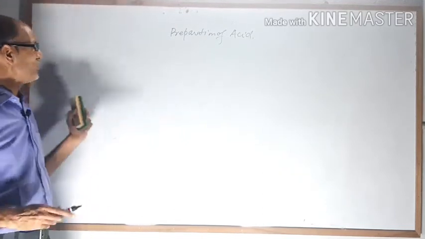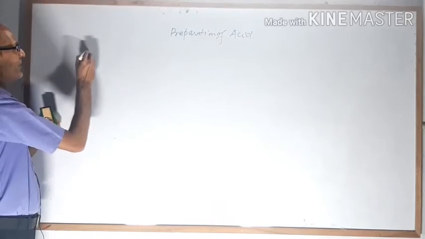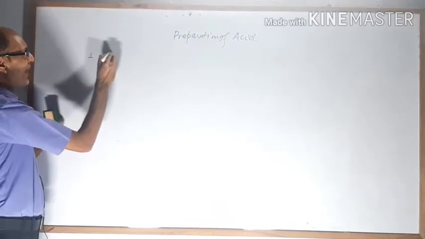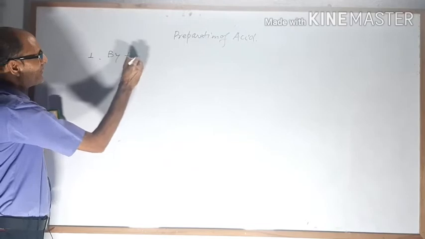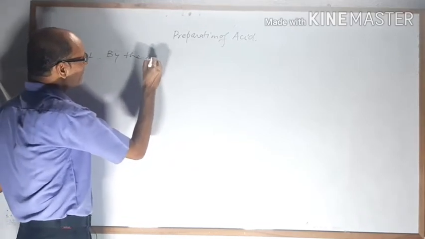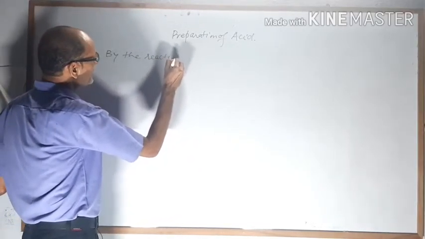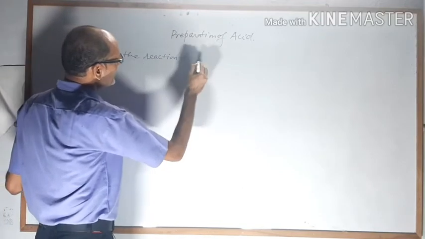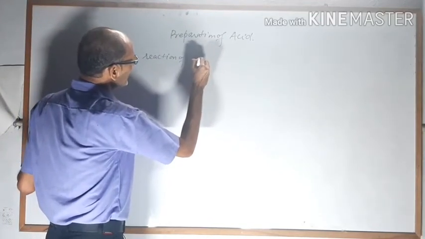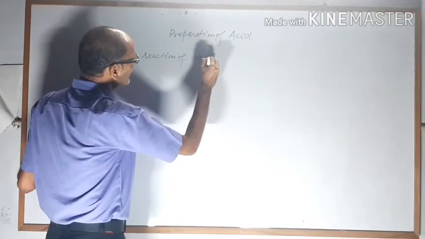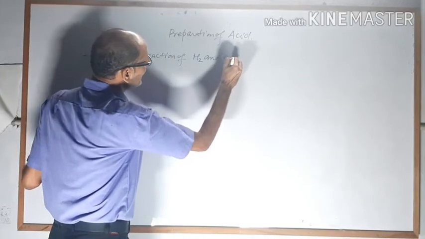So first preparation of acid, number one, by the reaction of hydrogen and non-metal.